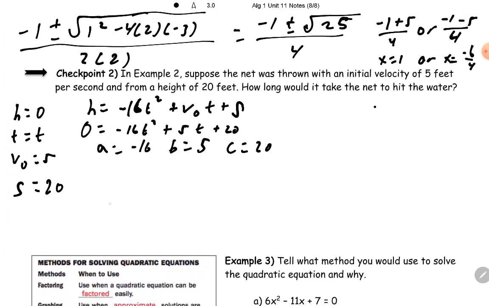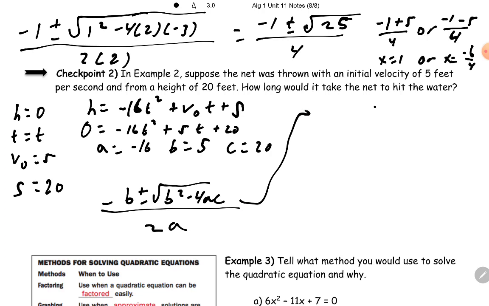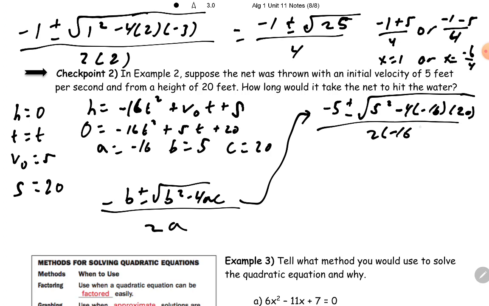Okay, we're going to plug this into the quadratic formula. Negative 5 plus or minus the square root of 5 squared minus 4 times negative 16 times 20, all over 2 times negative 16.